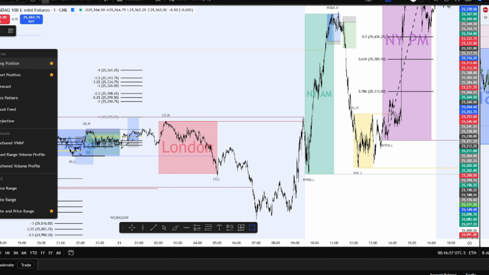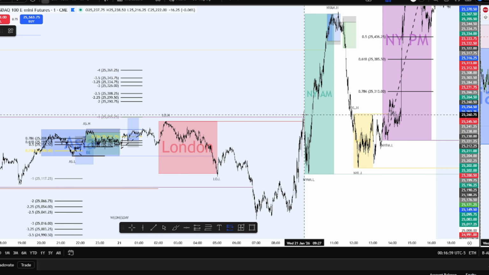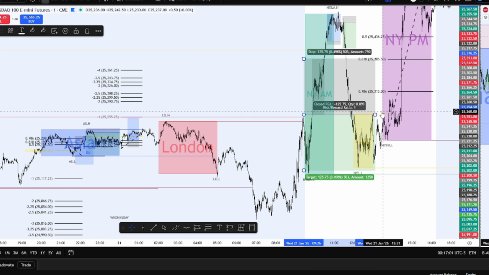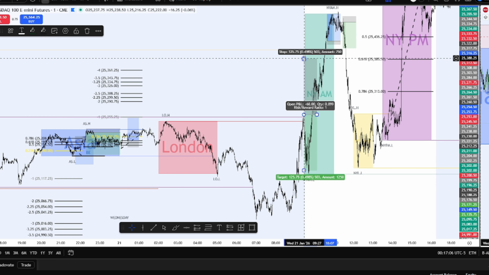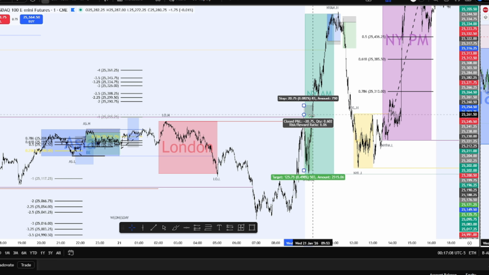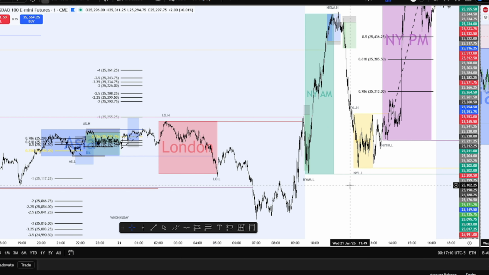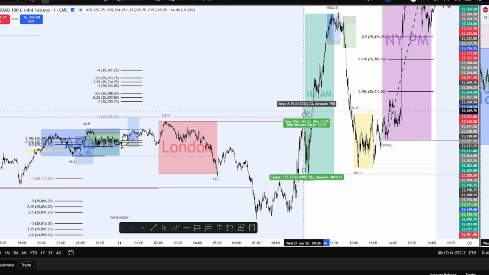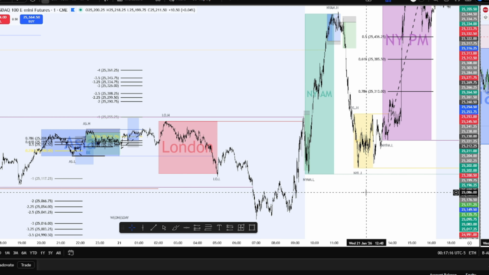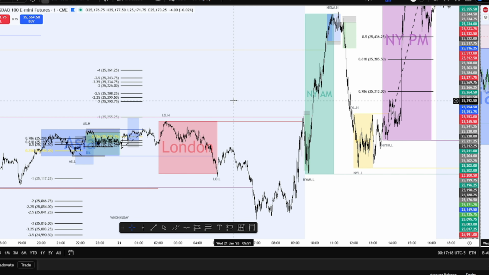You could have taken that trade for 50 points off of the 0.5 because that leg got rebalanced. You could have taken that trade for 125 points. You could have taken a 15R right there.